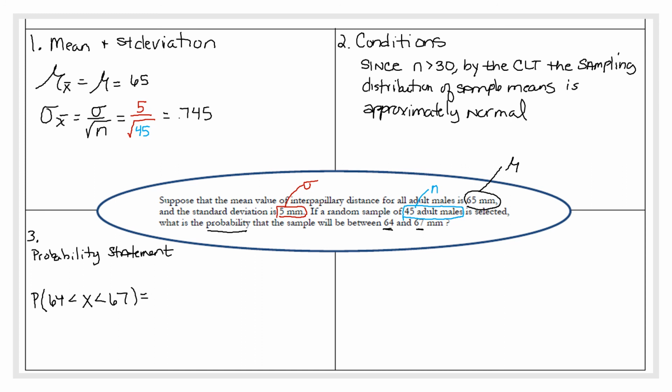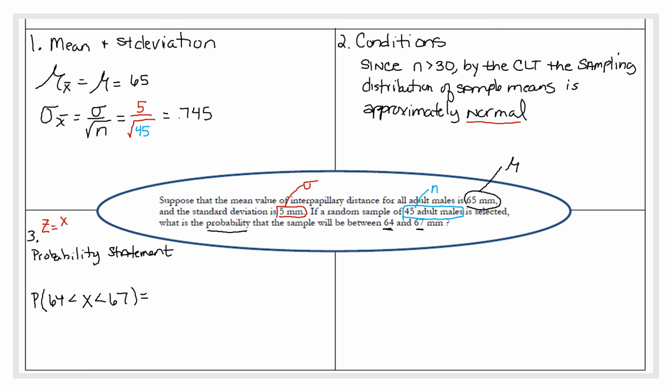Okay, so the whole purpose of wanting it to be approximately normal is so that we could change these into z-scores. I'm going to write over here what that z-score formula is, just to help you remember.